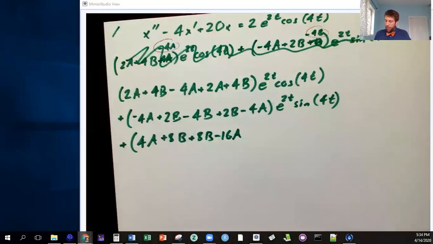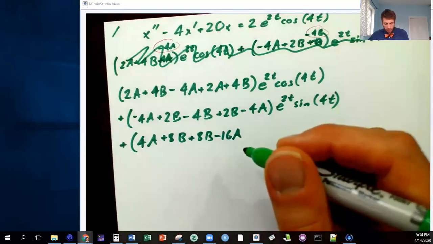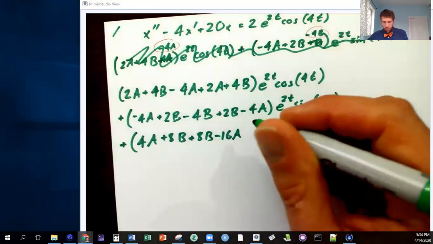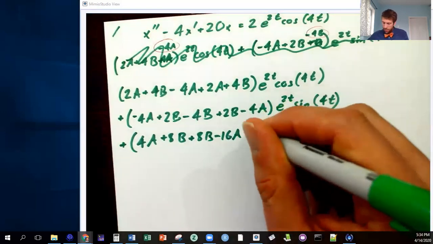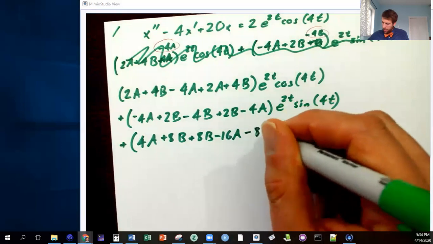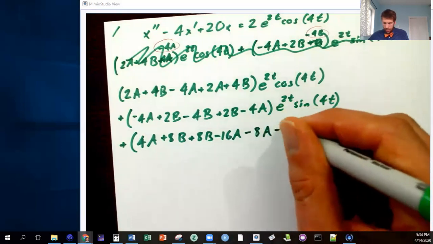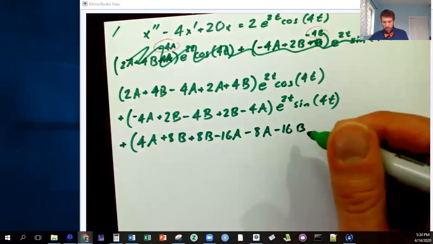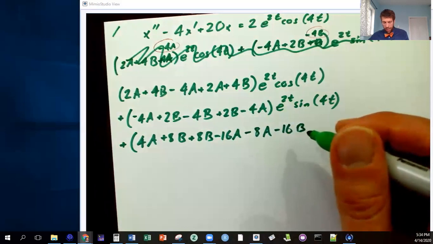Okay, and then I can't forget about x prime and x. So x prime, e to the 2t shows up once there, and I do minus 4 times that term. So instead of a 2a plus 4b, it's minus 8a minus 16b. And there's also an x term. So there's just an a for that one.